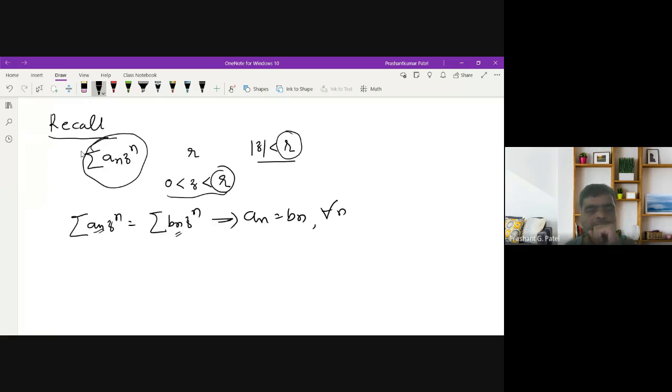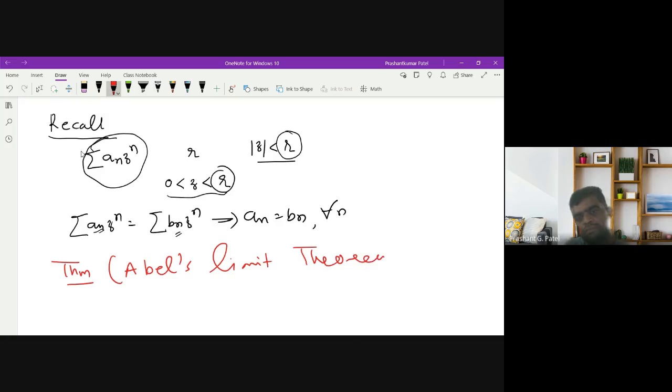The theorem which tells you the convergence of a power series at the boundary point is known as Abel's limit theorem. So in this lecture, we will discuss Abel's limit theorem, which gives you the convergence at the end point, or I can say at the boundary of the interval of convergence.